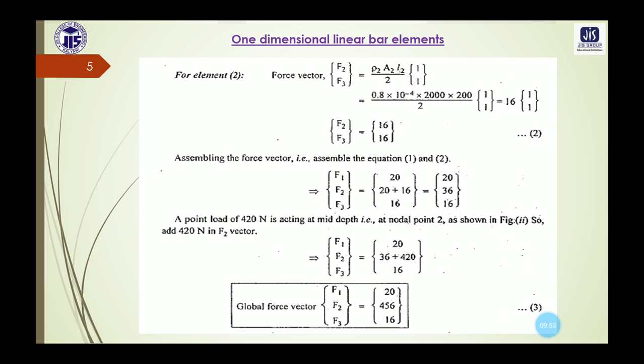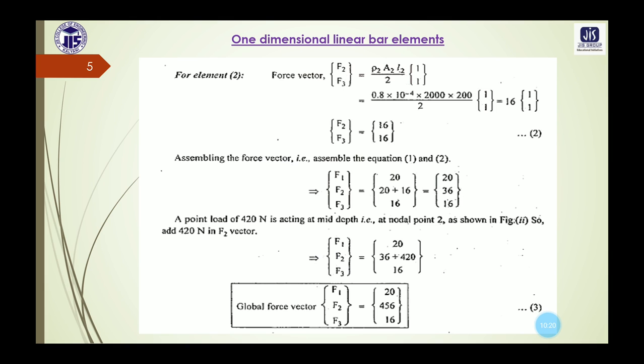Now, as per the problem, we have seen that a point load of 420 Newton is acting at the mid depth, that is at nodal point 2, which is shown in the diagram. So that means we need to add this 420 Newton in the F2 vector, because this 420 Newton is acting at nodal point 2.